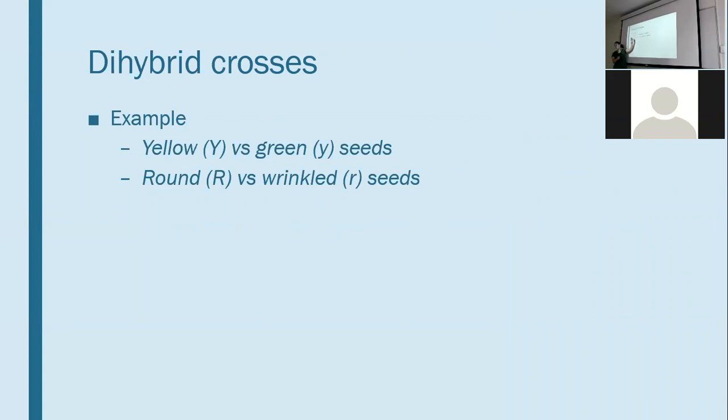General convention is that the letter is just the first letter of the dominant trait. So we have big Y, little y for yellow versus green seeds. And for seed shape, round seeds are dominant, wrinkled seeds are recessive, so we get a capital R for round, and a lowercase r for the recessive wrinkled allele. Okay, so we've got two traits, independent of each other.